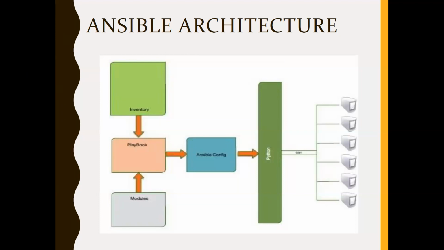So these are the different components. Now, let's suppose you write the playbook and run the playbook. What happens when you run the playbook? Whenever you run the playbook, it is calling the modules, Python modules. So it will create a small Python package at the backend.